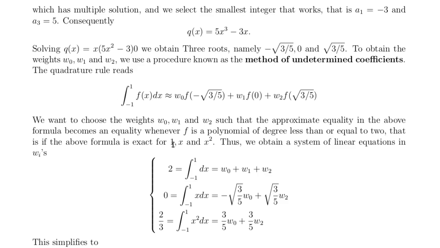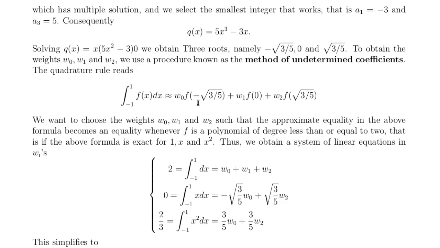Similarly, if f of x equal to x, meaning that f of x will take the value of the argument, whatever the argument is is the result. So I integrate x from -1 to 1, the result is 0, which is here on the left. Now the right hand side is W0 times f of x at this point.